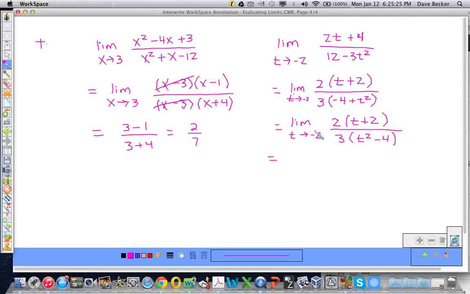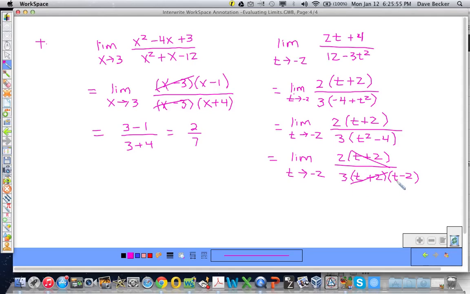And again, if I replace t with -2 here, I'm going to get a 0 in the denominator. Not good, but things are about to get great right here. The limit as t approaches -2 of 2 times t plus 2 over 3, difference of two perfect squares, t plus 2 times t minus 2. And life is just great because this cancels out.